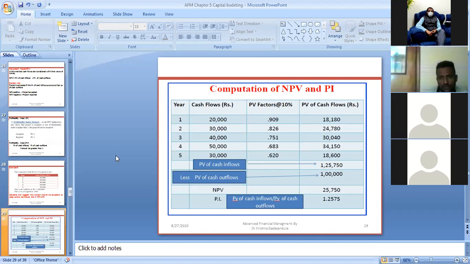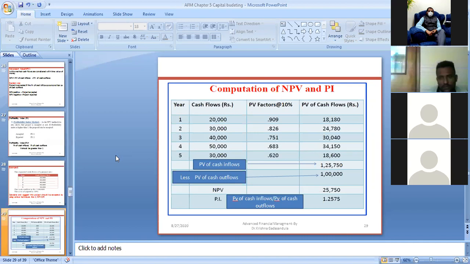At what rate did we calculate that? 10%, yeah? For 10%, you see, first year, period 1, the factor is 0.90. Second year, like this. These PV factor tables I will share with you later.